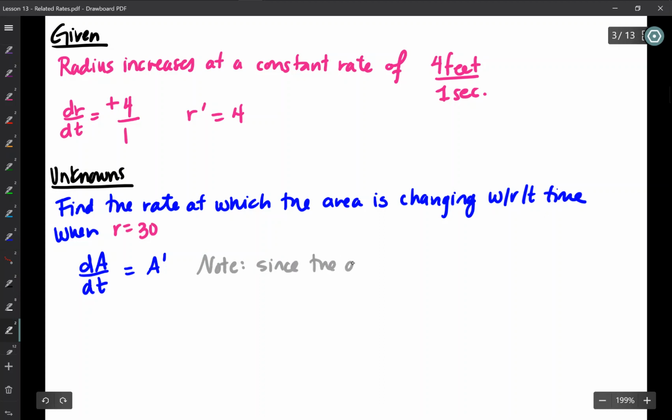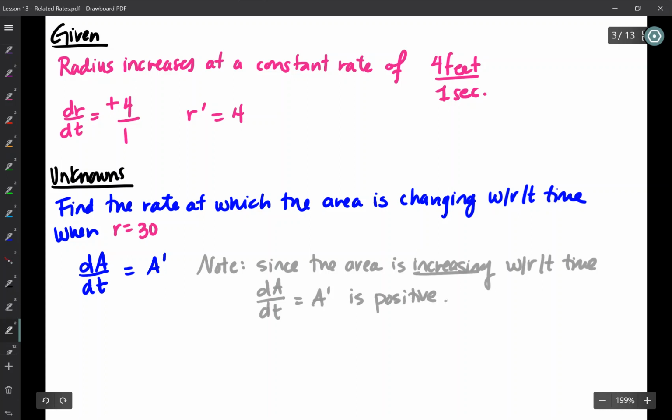Since the area is increasing with respect to time, dA dt, that's an A, or A prime if you prefer, must be positive.